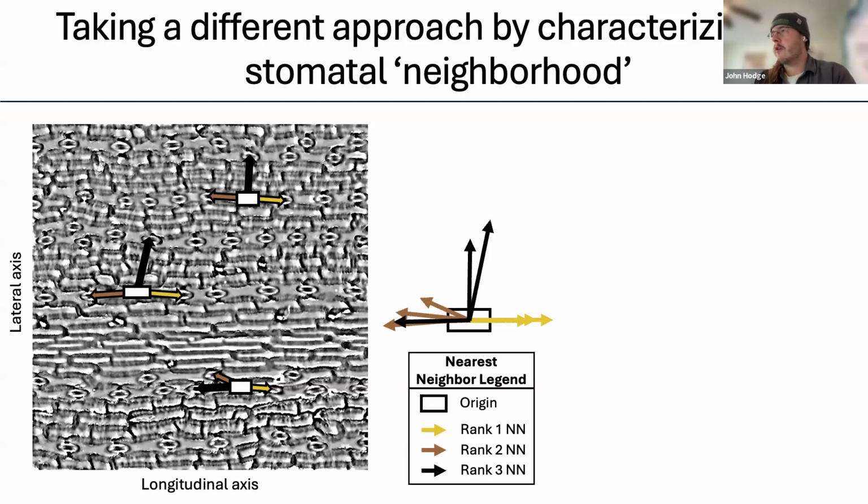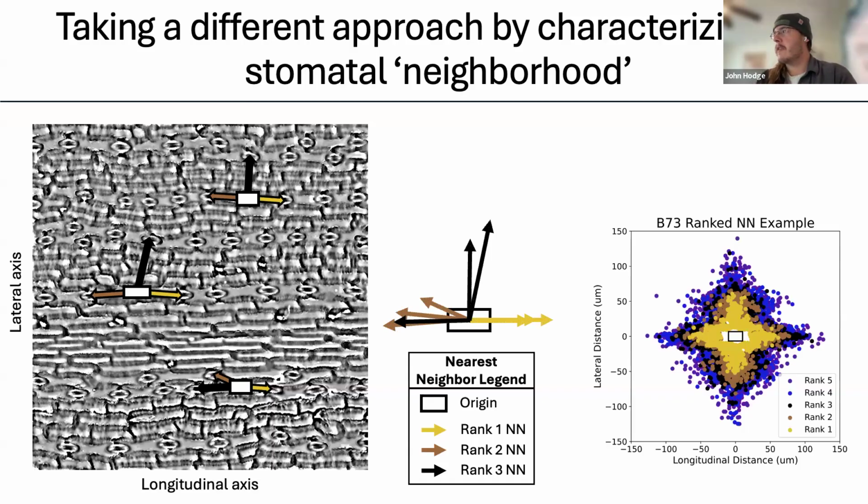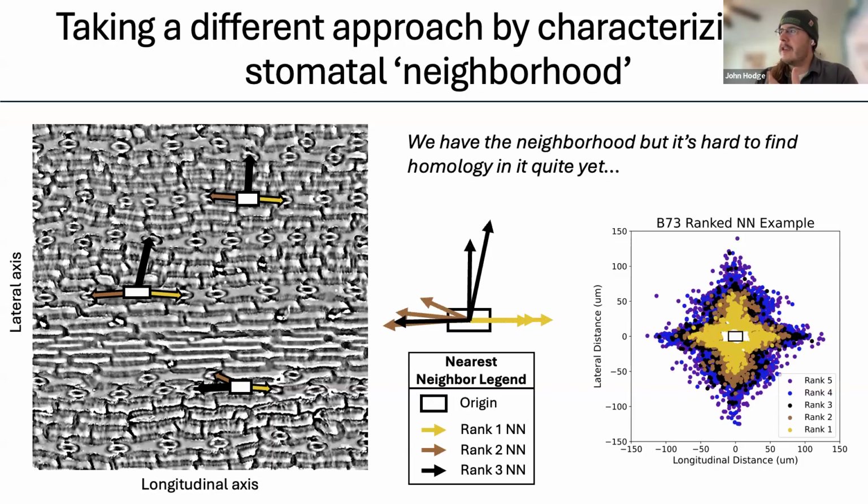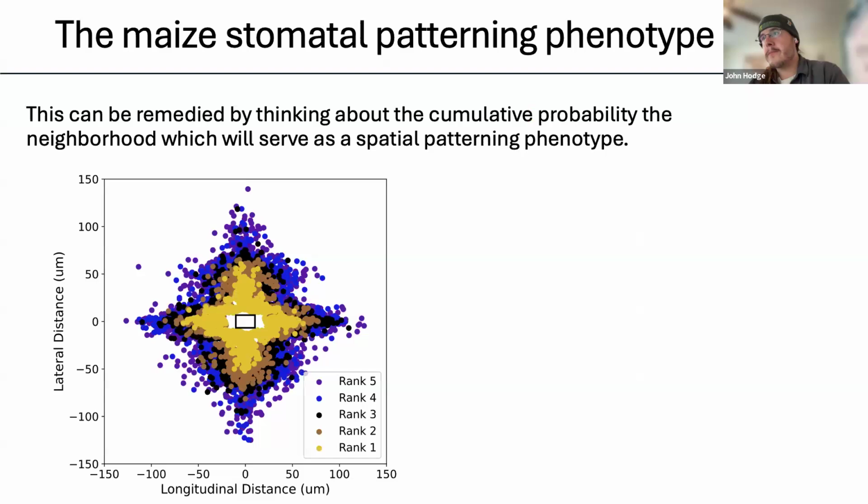If we do this across all of a genotype like B73, we can already see that there's a lovely geometric pattern that seems to be emerging in this scatter plot. But it's not quite there yet for us to make a homologous comparison with just hundreds and hundreds of points in space. So we need some way to transform this into something that we can actually compare.